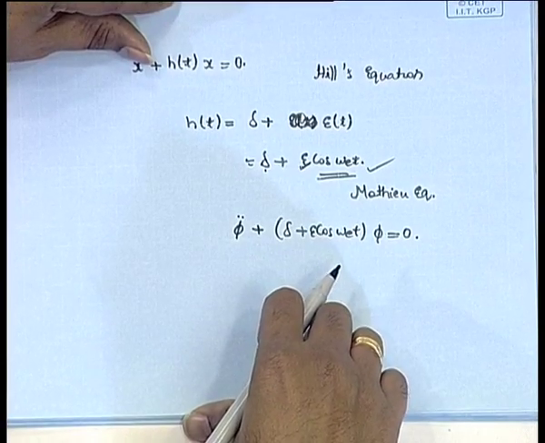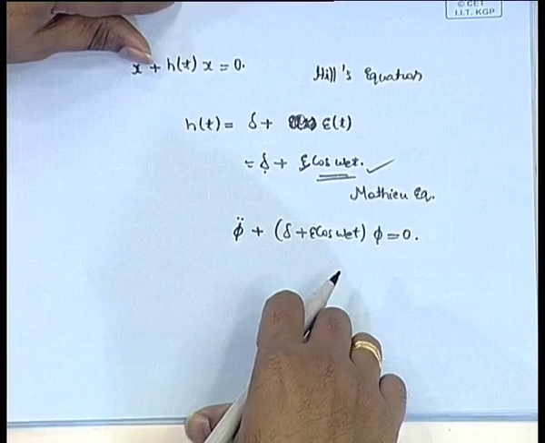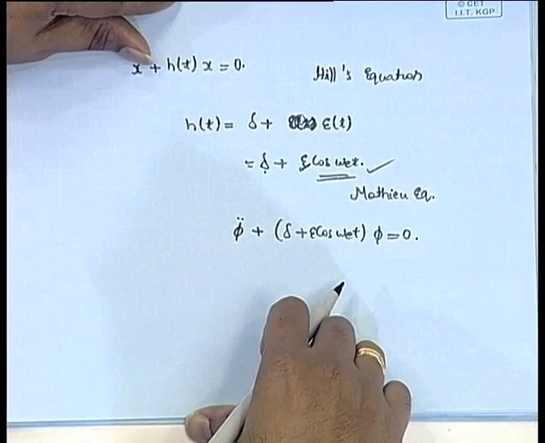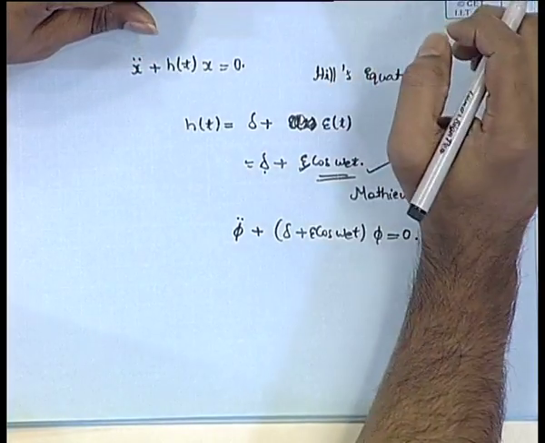Now, once you have this equation, any differential equation can either have stable solutions or unstable solutions. What do we mean by a stable solution? Suppose you have this equation, phi double dot plus something, and you solve it and get an expression for phi.